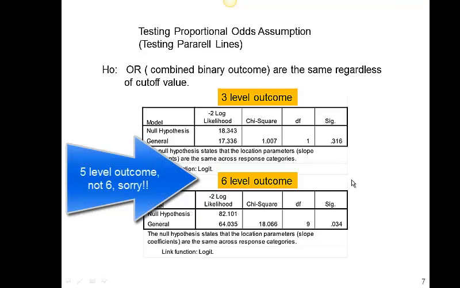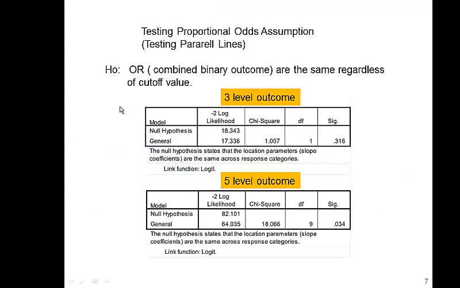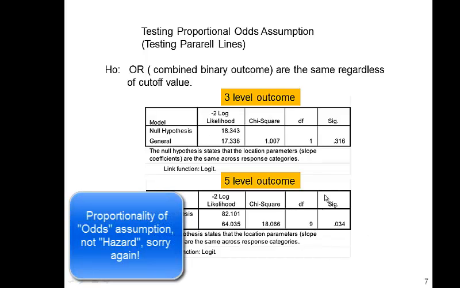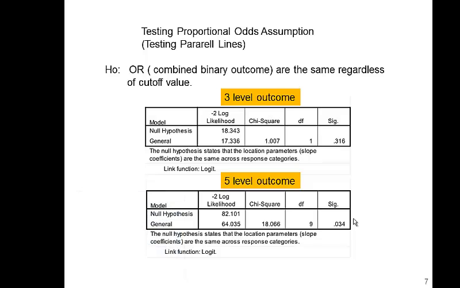Some people might wonder why they didn't utilize the original 5 category data and why they had to collapse into 3 category data. Because if they use 5 level outcomes, the proportional odds assumption is actually violated. With 5 levels, you have 4 cutoffs, and that produces 4 different odds ratios.